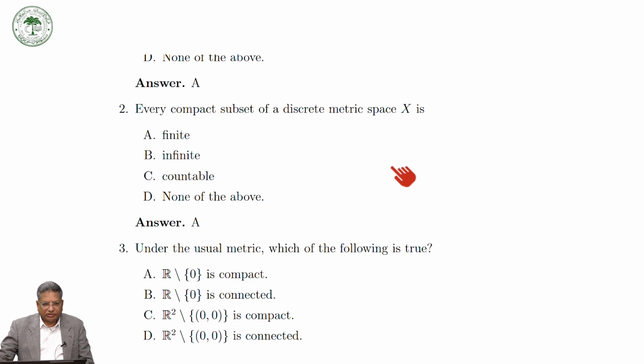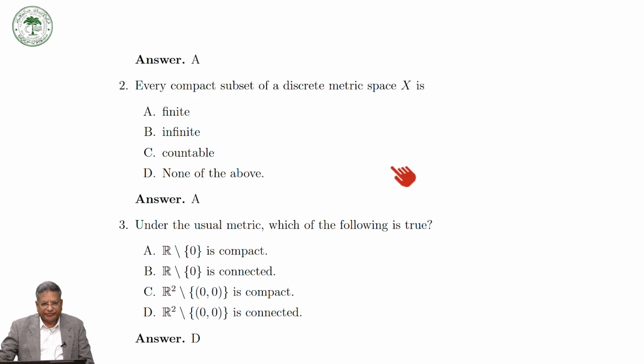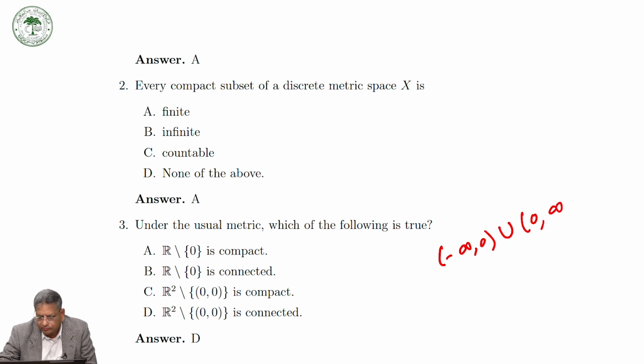Now take the next question. Under the usual metric, which of the following is true? R minus 0 is compact. As I mentioned in my previous talk, R minus 0 is not compact. Why is it not compact? Because R minus 0 means you take the open interval minus infinity to 0 and the open interval 0 to infinity.